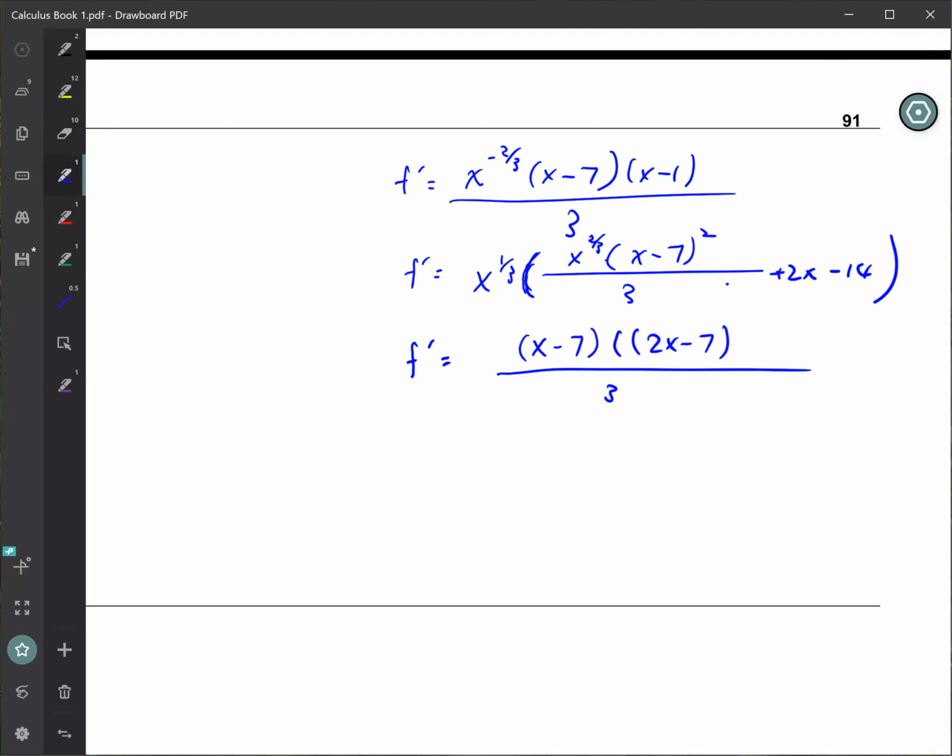Cube root. Okay. X squared. Yeah, that's it. Okay. Well, so yours is pretty close to Jesse's then, right?